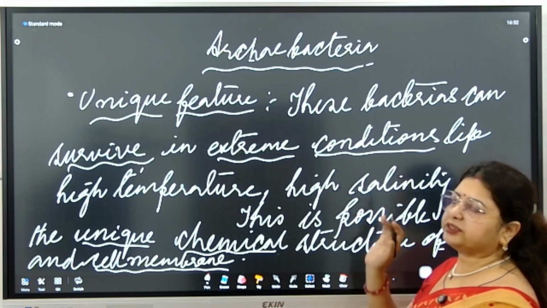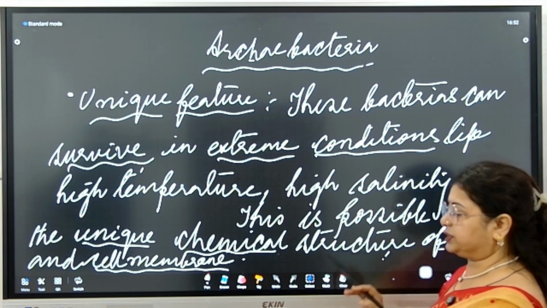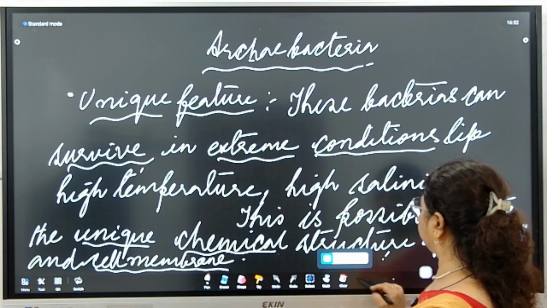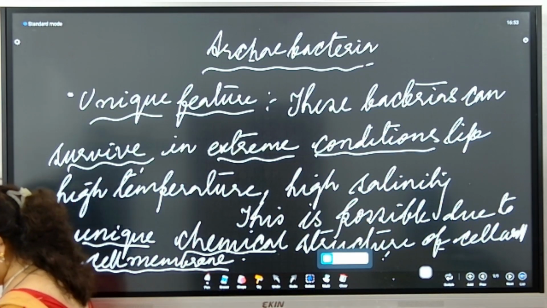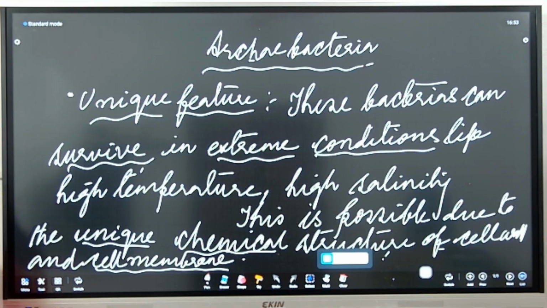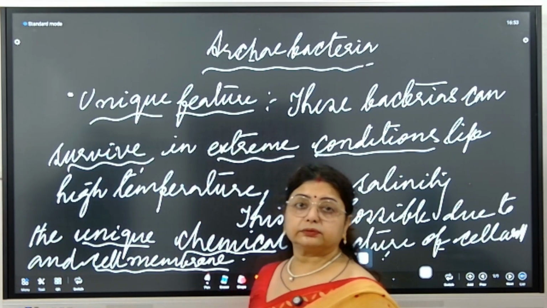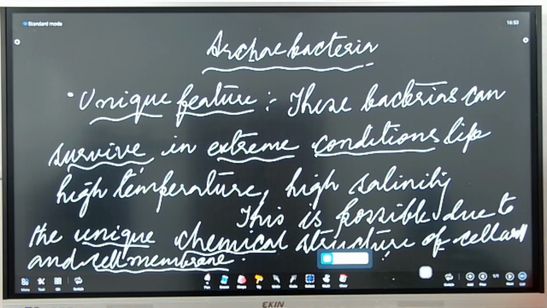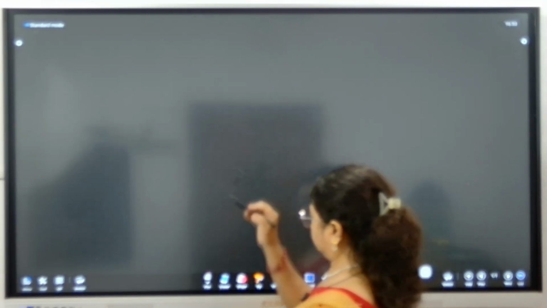Now we will classify the archaebacteria into three categories, okay, according to their habitat. I think you have not written, I am giving you 1 second, 2 seconds to write it. Have you written? I am just giving you the time to write. I think you have. Now let us start the classification.